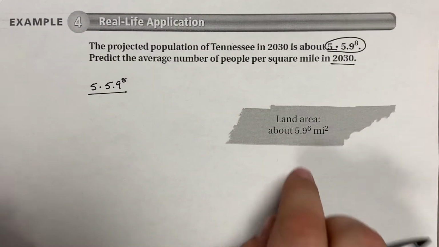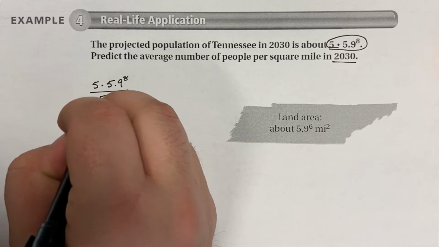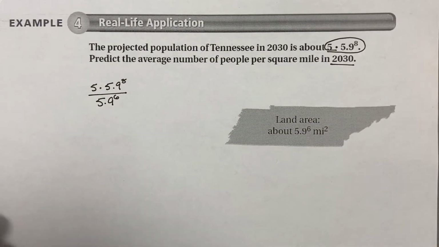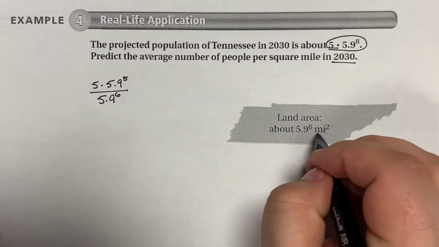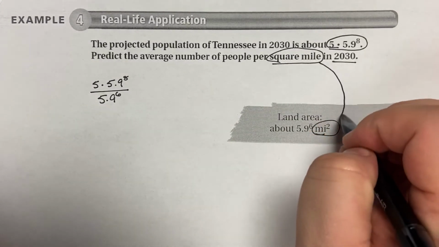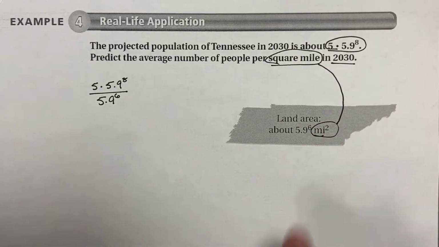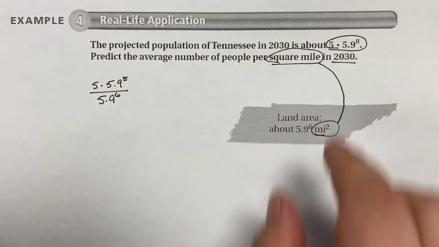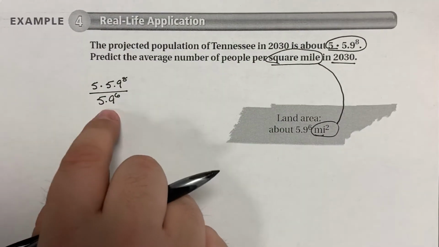Square mile is 5.9 to the 6th. And right here is square mile, so these two are exactly the same. Miles squared is also pronounced as square mile. All right, so this is what we have to solve.